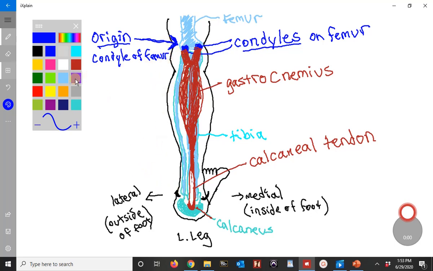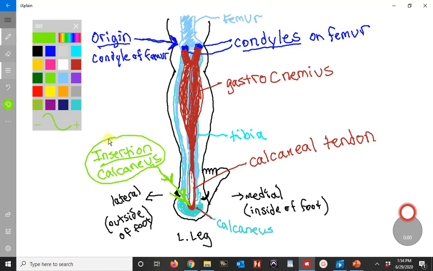Now, its insertion is down here at the calcaneus. So, insertion is your heel bone, your calcaneus. And the insertion bone, the bone where the muscle is inserted, that bone is what moves when you flex whatever muscle we're talking about.